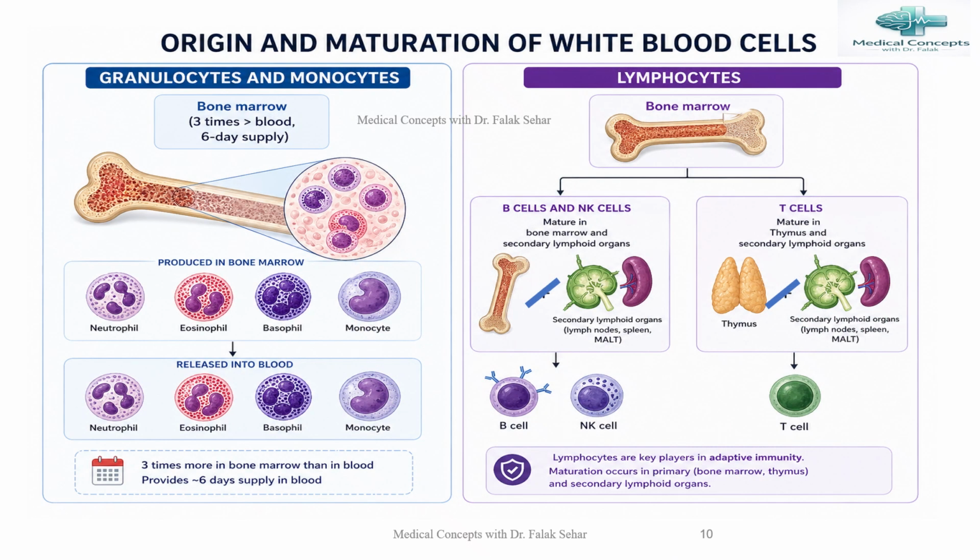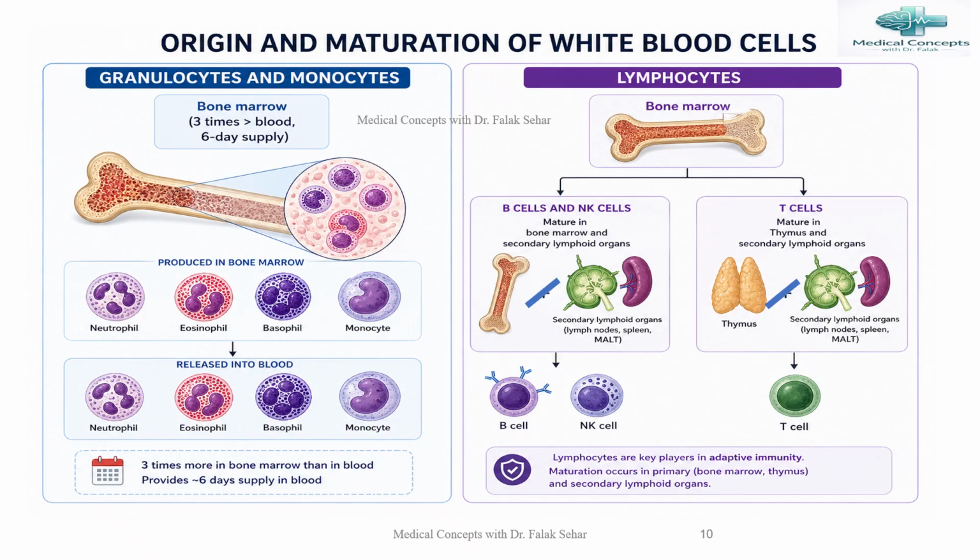All white blood cells originate from hematopoietic stem cells in the bone marrow, but their maturation pathways differ. Neutrophils, eosinophils, basophils, and monocytes are produced and mature in the bone marrow before being released into the bloodstream. Interestingly, the bone marrow stores about 3 times more of these cells than are present in the blood, providing an approximately 6 days reserve.